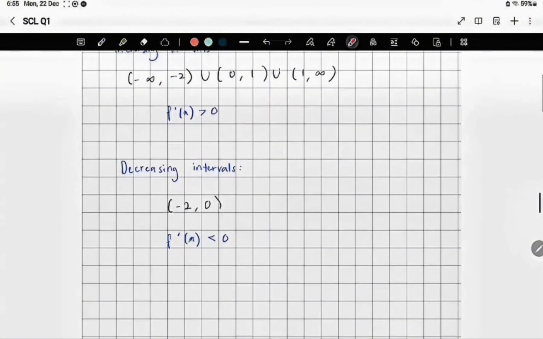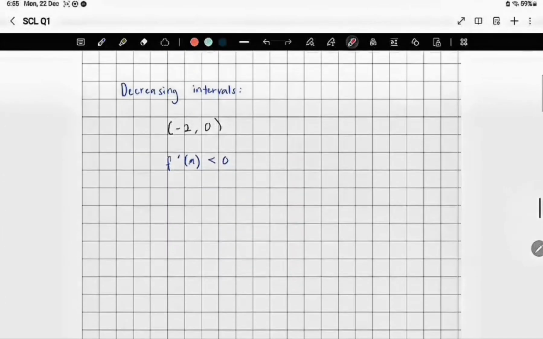The function is decreasing only on the interval -2 to 0, because the derivative is negative.